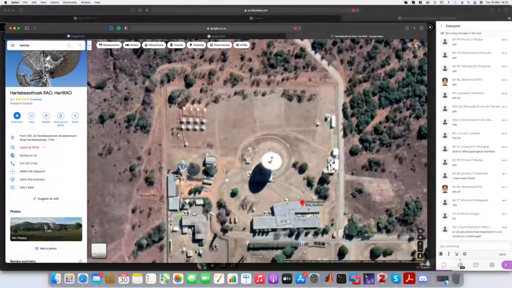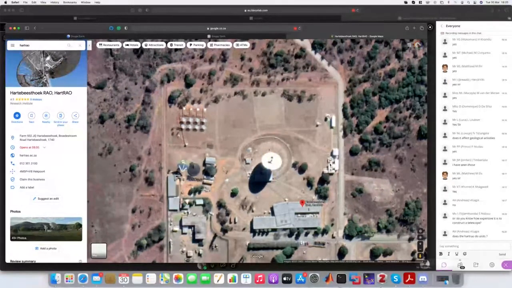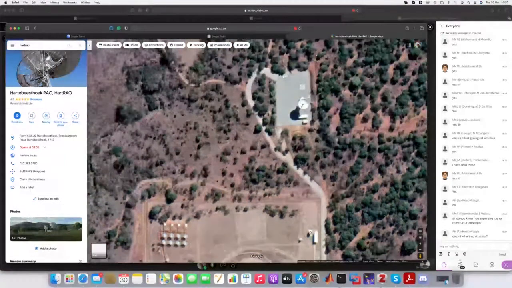So you know how expensive it is to construct a telescope. Telescopes on this scale are extremely expensive to build. The VGOS telescope right over here was built from 2017 to last year. It was at a cost of 56 million rand, if I'm not mistaken.